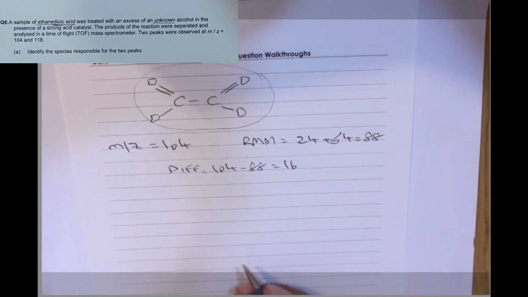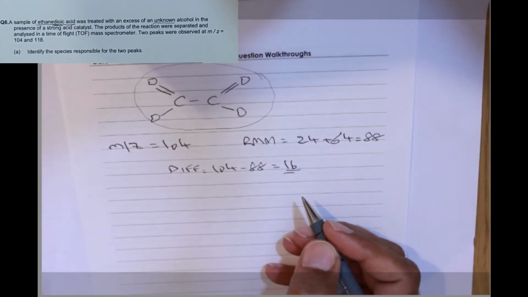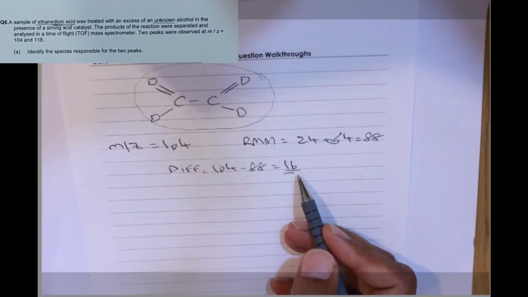Now, this 16, what kind of molecule has a mass of 16? The more you practice these kinds of questions, the more easily you'll be able to do this, because I've been doing these questions for a long time, I know immediately that 16 is methane, CH4.